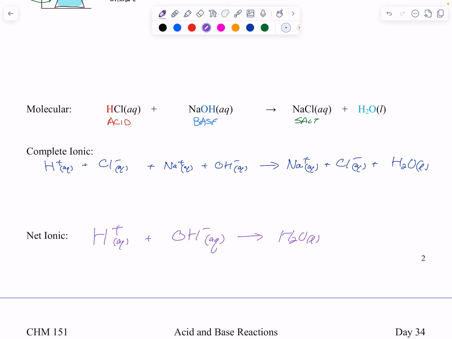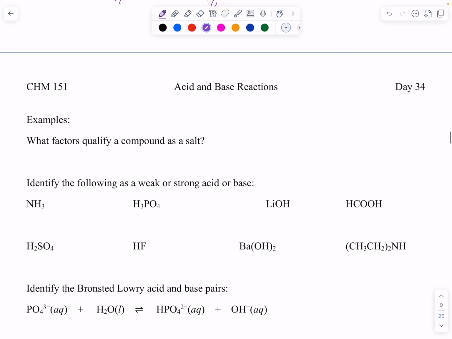All right, so now what do we need to do then about identifying compounds, right? Because that is the biggest factor I found is a problem. What qualifies a salt? All right, what factors qualify a salt? That's a good question.